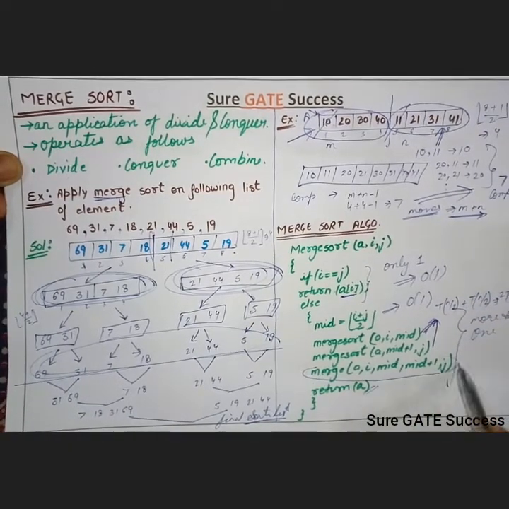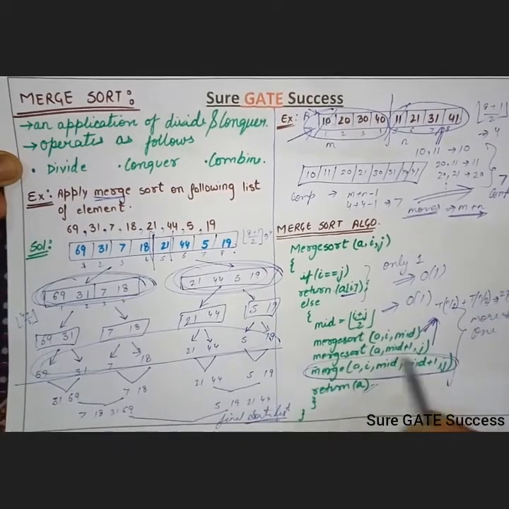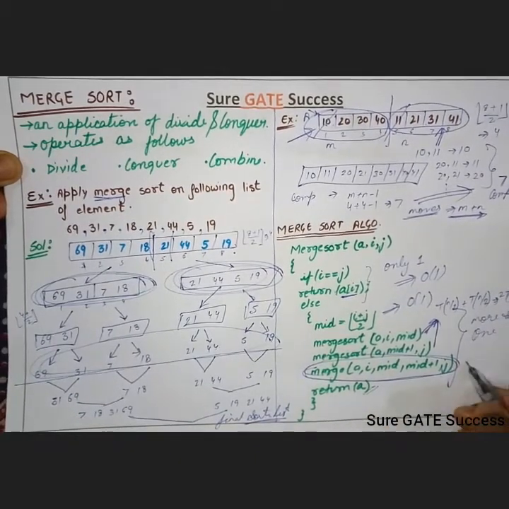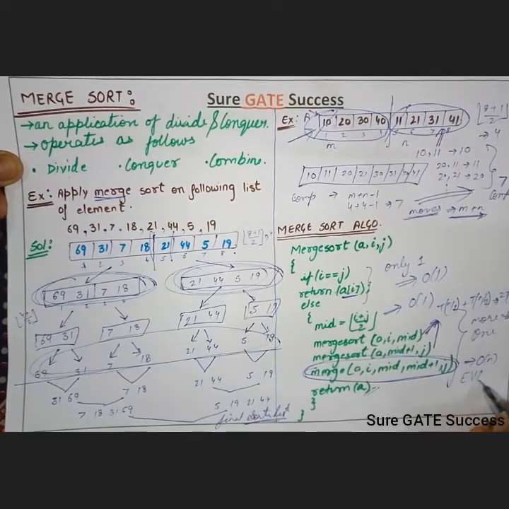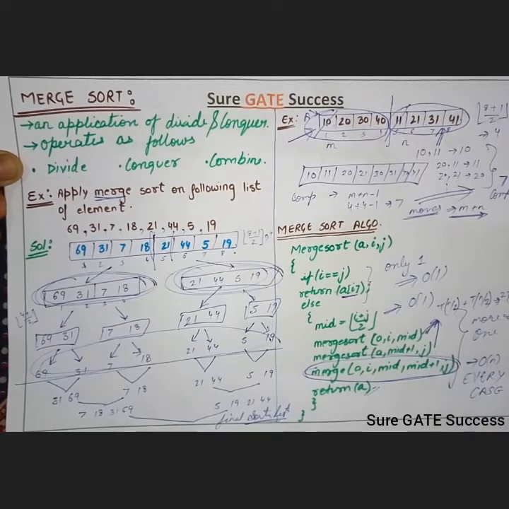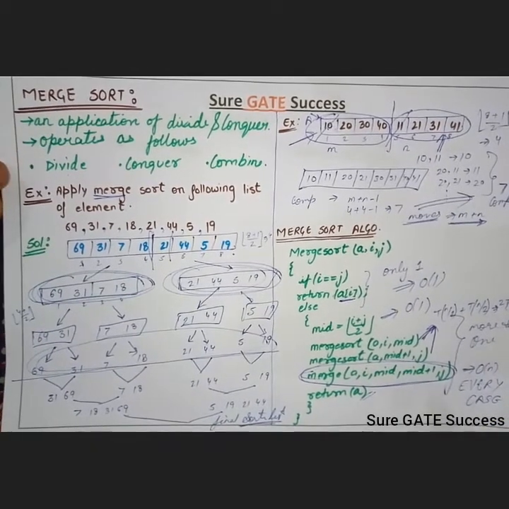And the merge process takes order of n for every case. This takes order of 1 for every case.